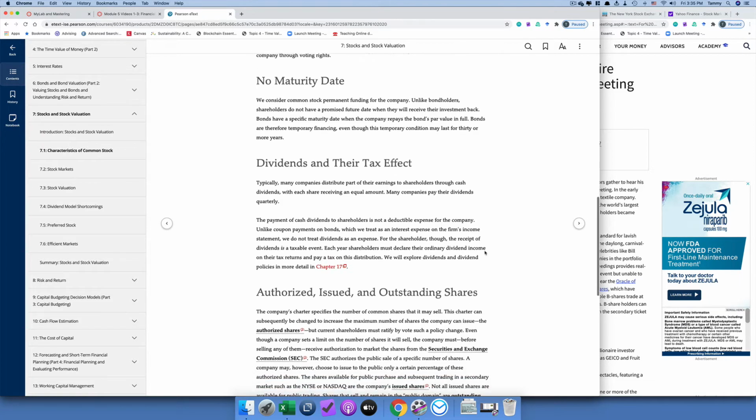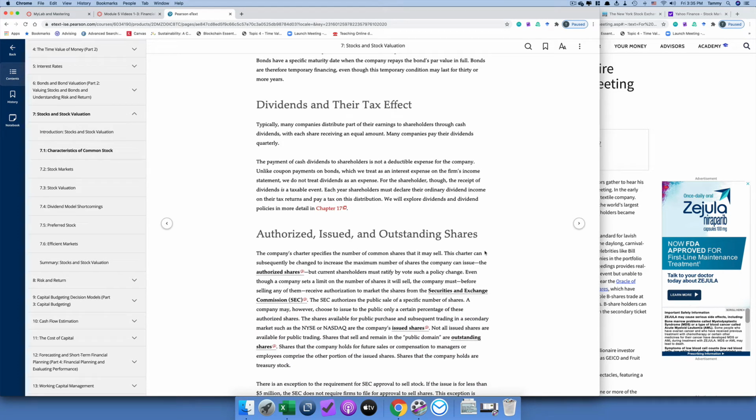Now, there are 2 different benefits that you can get if you invest in a share of stock. One would be the potential increase in the value of that stock on the public markets. So if you buy a stock for $10 and it's worth $120 now, then you've made a profit there.